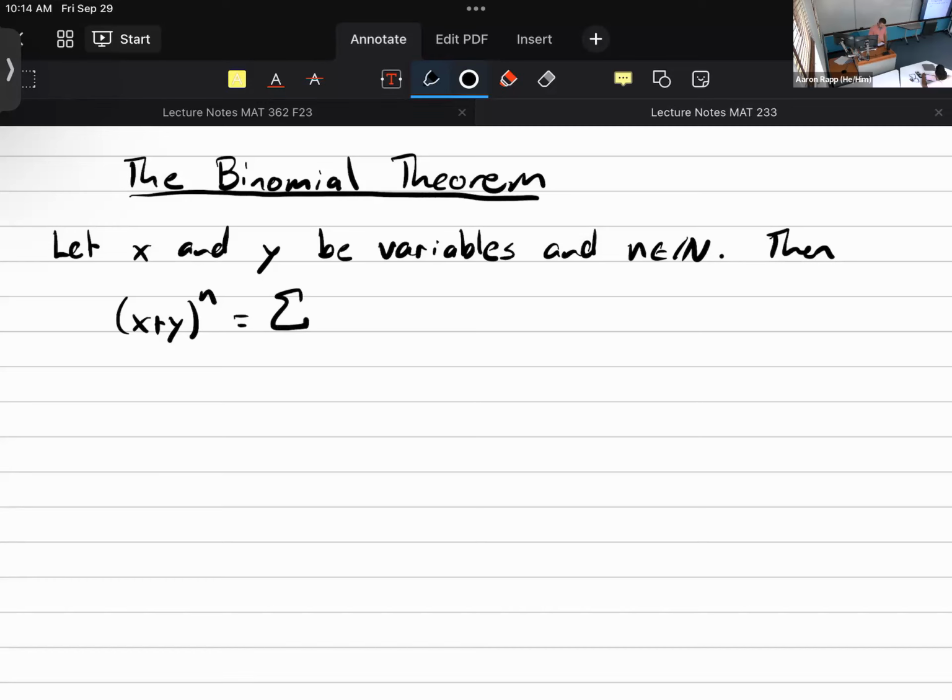This is going to be equal to the sum from i equals 0 to n of n choose i, x to the n minus i, and y to the i. So I know exactly what the coefficients are going to be if I'm expanding out this type of binomial.